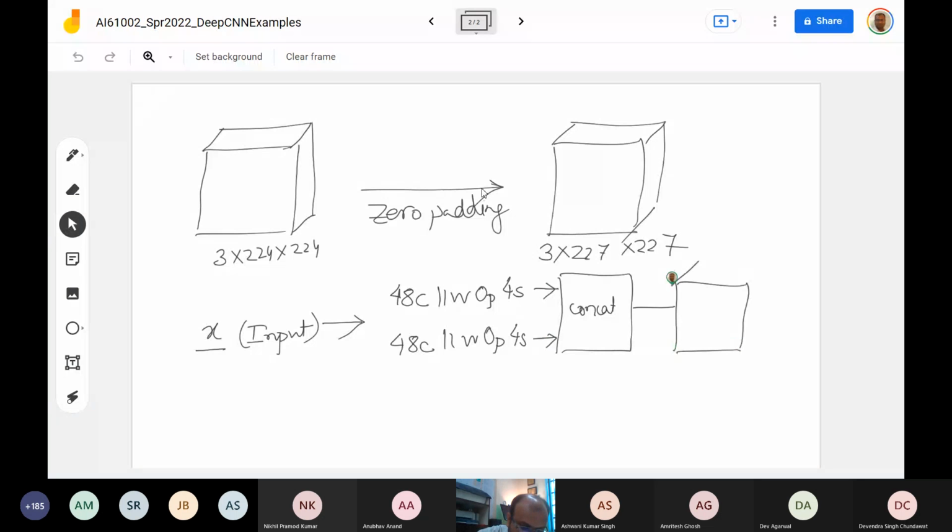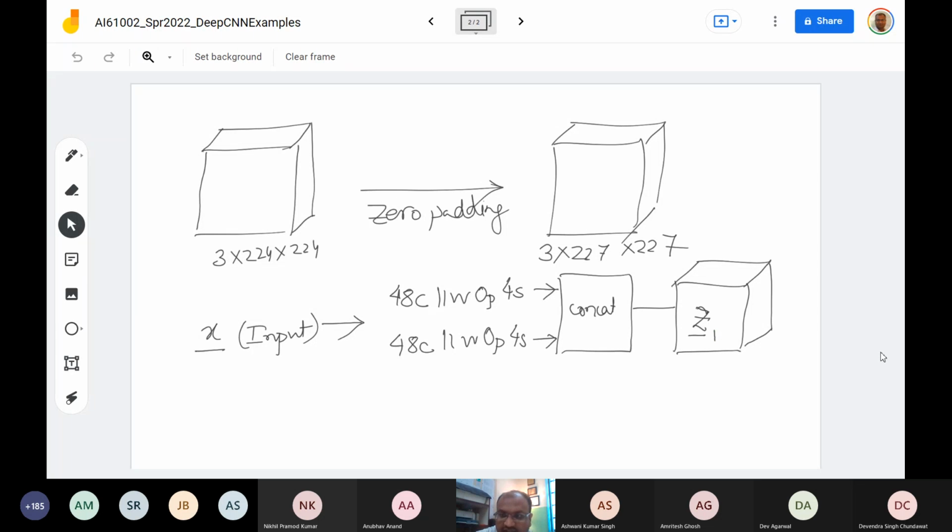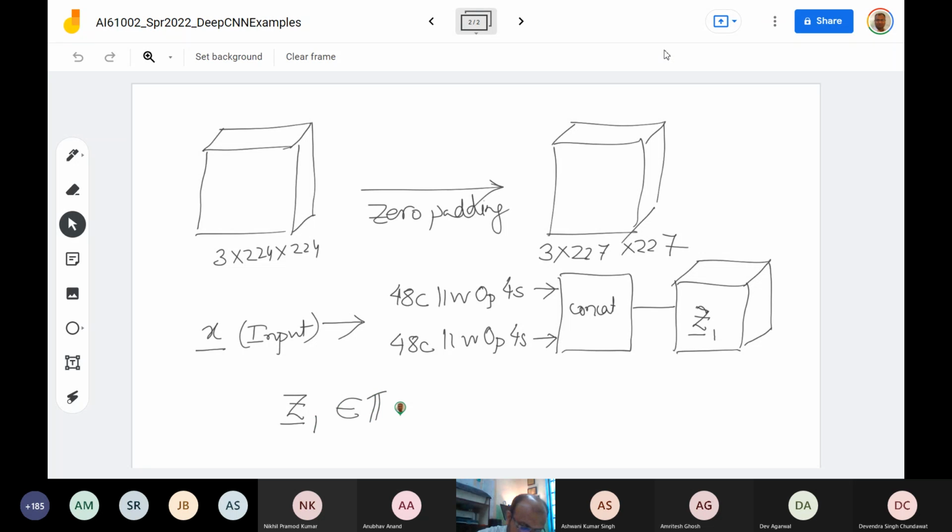Now let us find out what will be the size of this output. This is my intermediate output, which I call Z1. With all the information which we had, let us see what will be the size of this output. Can somebody tell me? First and foremost, how many channels will be there? 96.